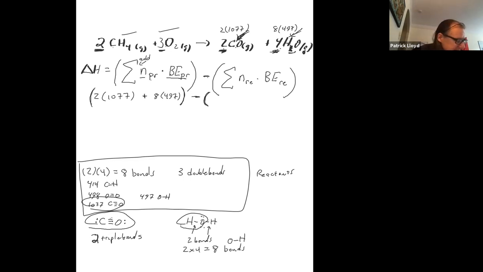Oh, I have to check that. It might actually be reactants minus products. I'm sorry. Let me just finish this first, and then we'll come back to it and I'll explain it to you. So we had 8 of these bonds: 4 for the CH4, but there's 2 CH4s, so it's 8 times 414.